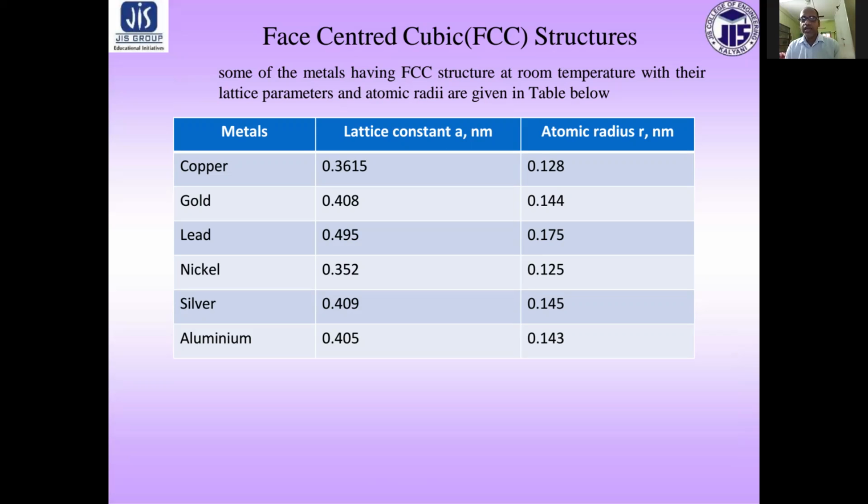For aluminum, 0.405 is the lattice constant a, and the atomic radius is 0.14, measured in nanometer respectively.